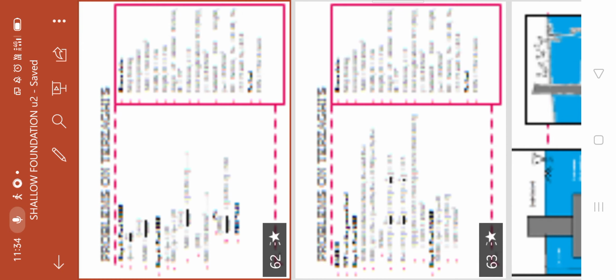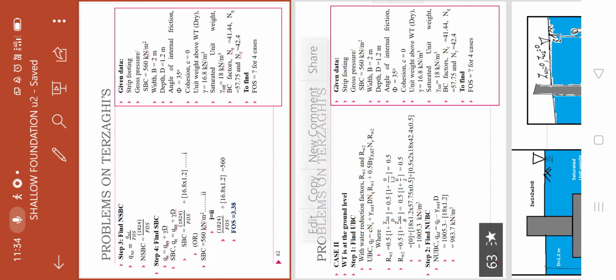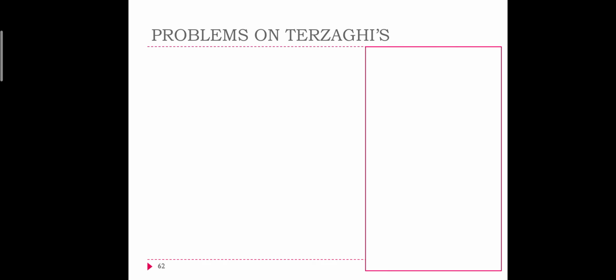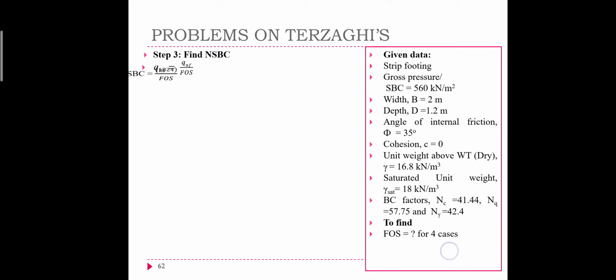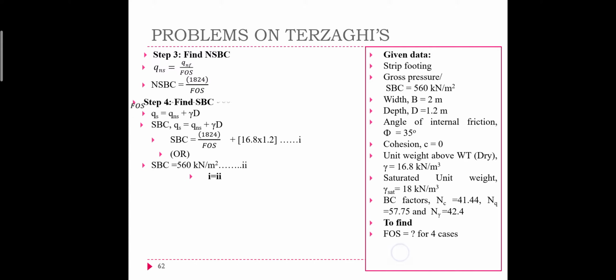So equating 1 and 2, we get factor of safety equal to 3.38. This is the first case.